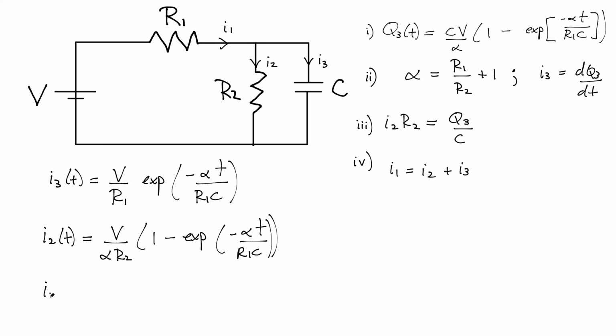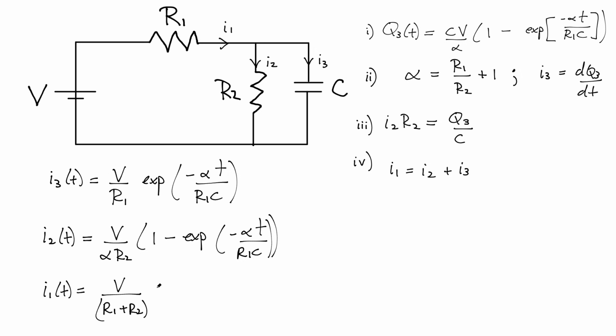And the last one is I1. It's the most complicated expression, but it's simply given by our junction rule. We have both of these other currents, therefore you simply have to sum them up. So I1 versus time is simply going to be V divided by R1 plus R2. I've simplified some of the math here.